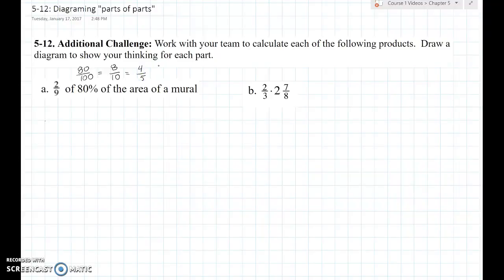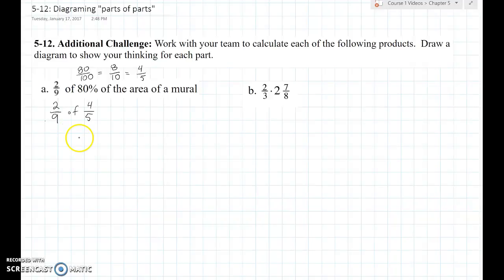By doing that, we've taken our problem and made it simpler. So I'm going to look for what is 2/9 of 4/5. The problem will work using either of these three and other fractional equivalents to 80%. Just 4/5 I think is the easiest one, smaller numbers.